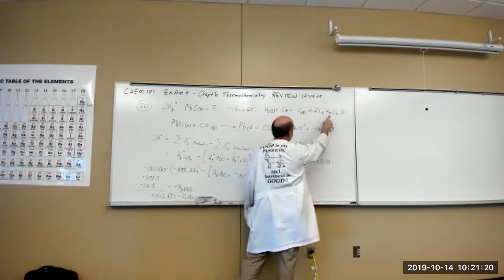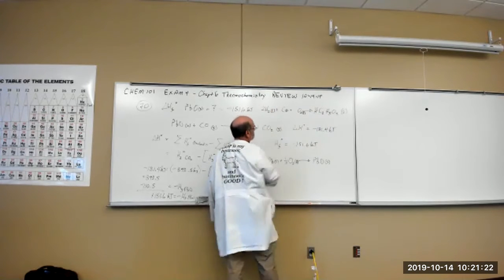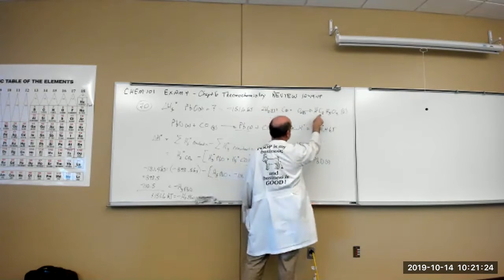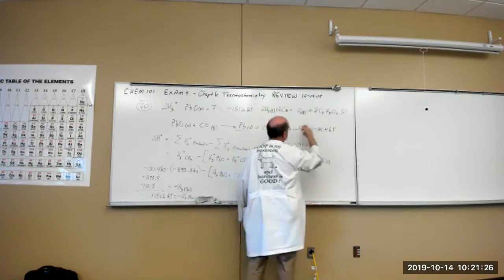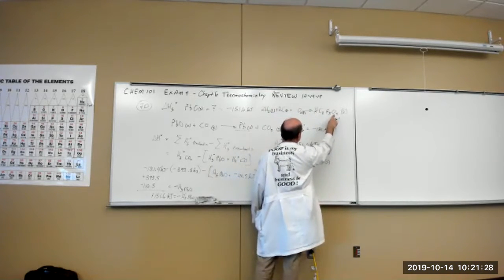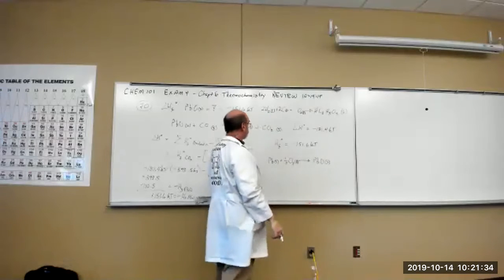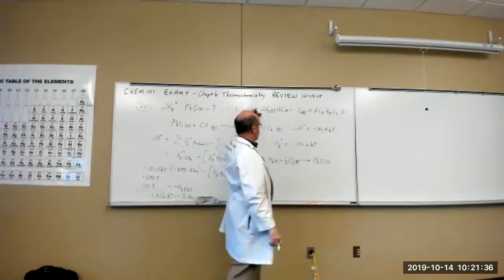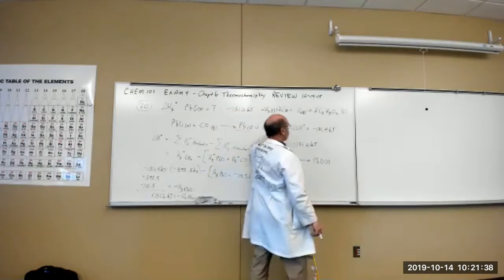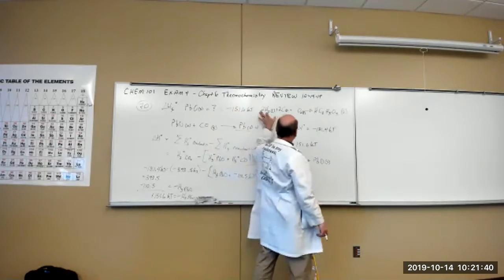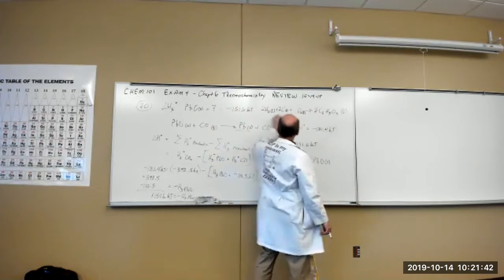So we've got 4 hydrogens, we've got 2 carbons, and we've got 2 oxygens. That's right, so just one of those. So that would be how you would write the standard heat of formation, the formula for the formation of acetic acid from its elements.